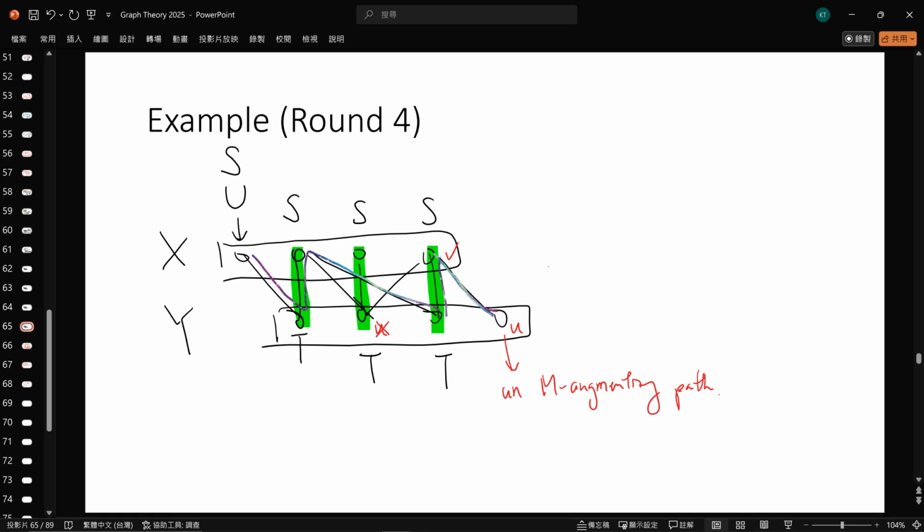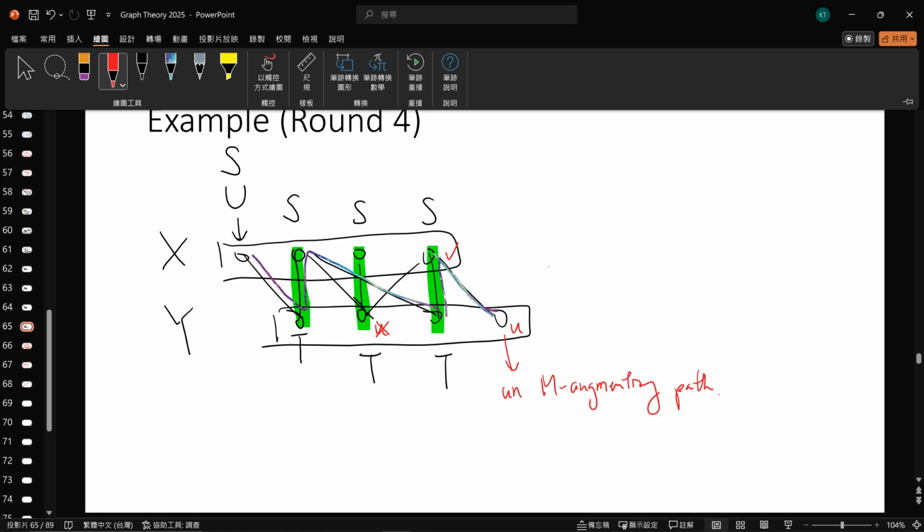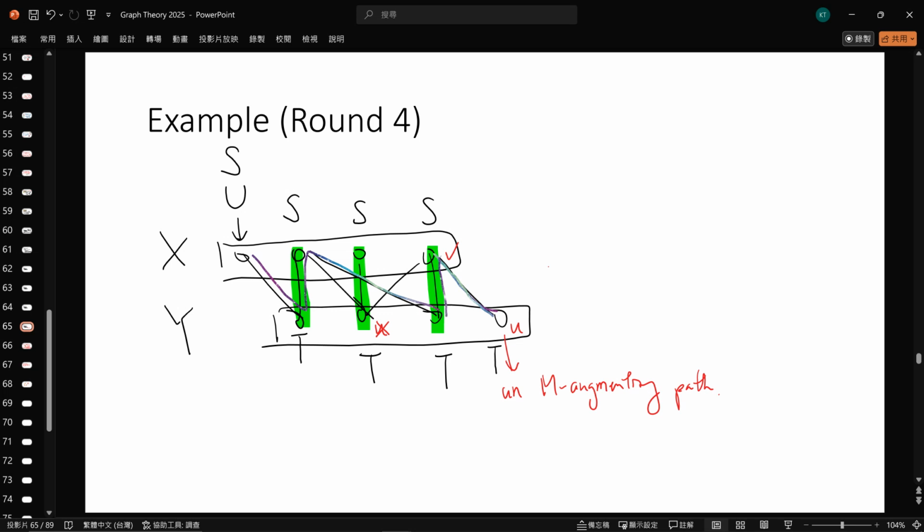This vertex is also in T. So the property I'm going to mention is that the set T is actually the set of neighbors of S. So all the neighbors of S are in T, and T contains all the neighbors of S. In other words, if you have a vertex that is adjacent to some vertex in S, then that vertex must be in T.